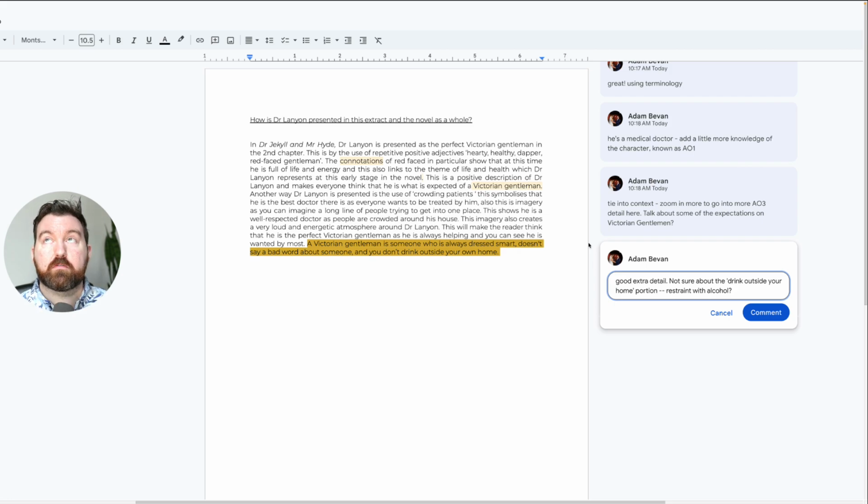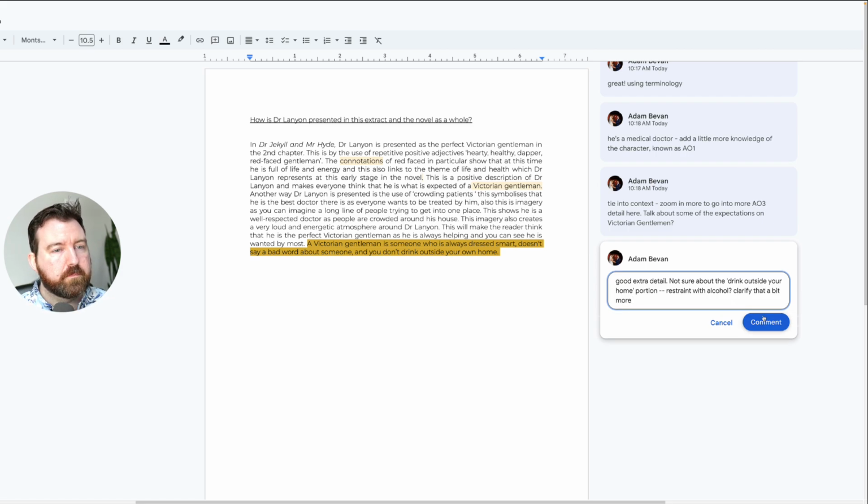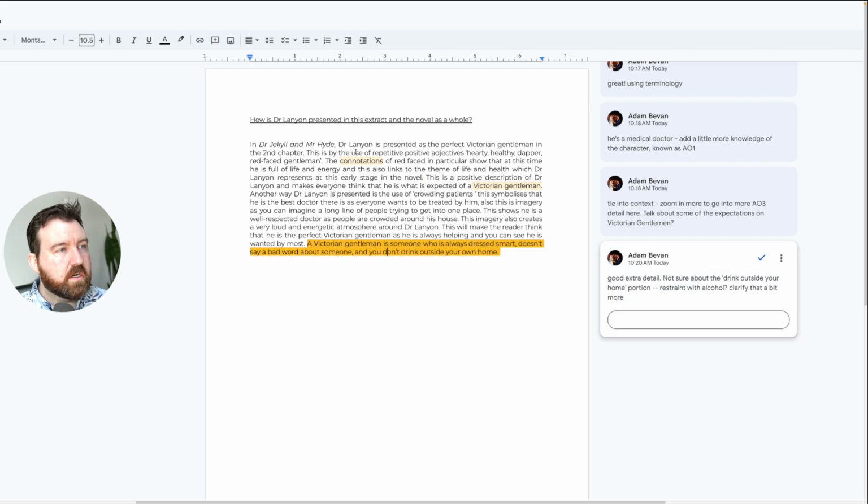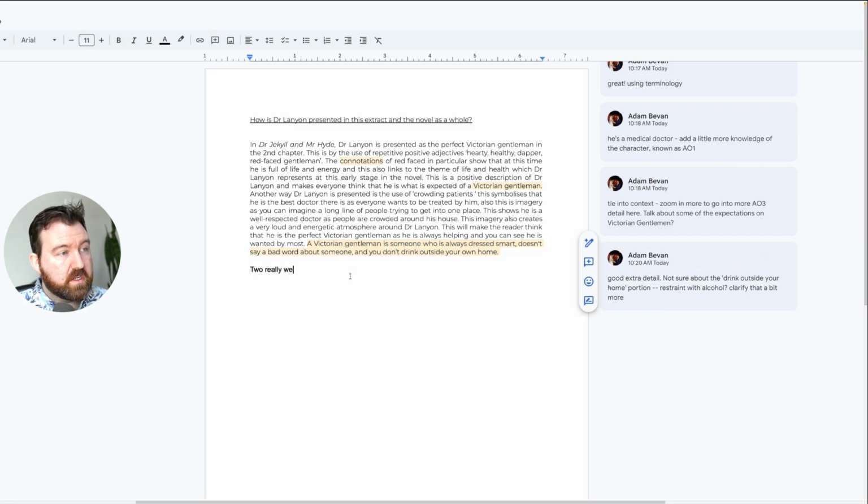I think what you're referring to is that Dr. Lanyon is sat with a glass of wine when Mr. Utterson comes in, but you could clarify that a bit more as well. So in a nutshell, I think that you've done two really well chosen quotes. They are both from the extract, since I'm assuming the extract was from chapter 2.